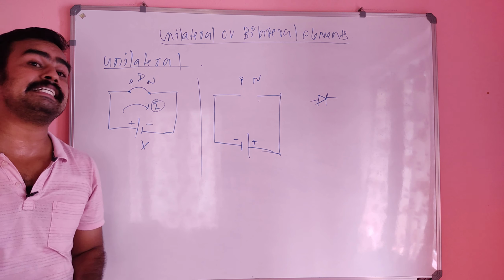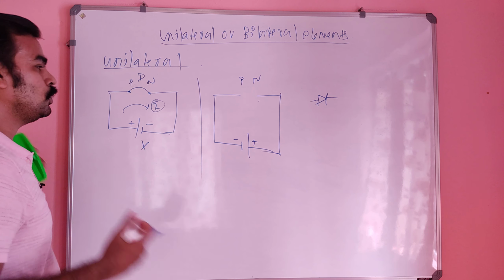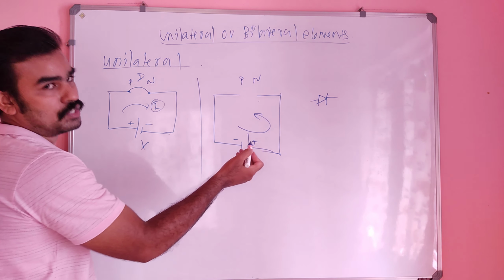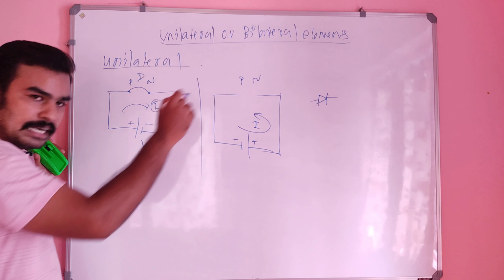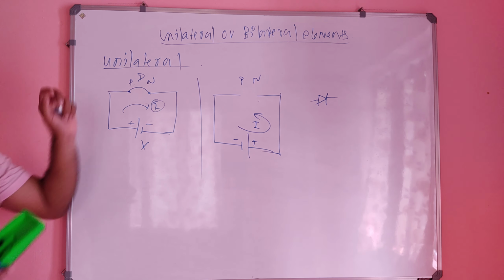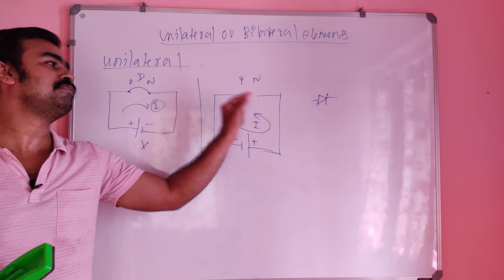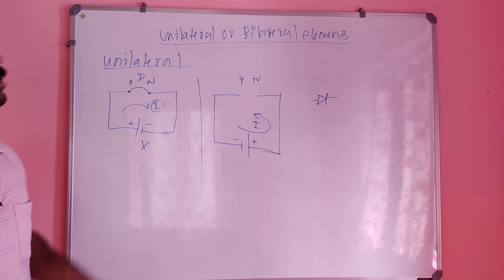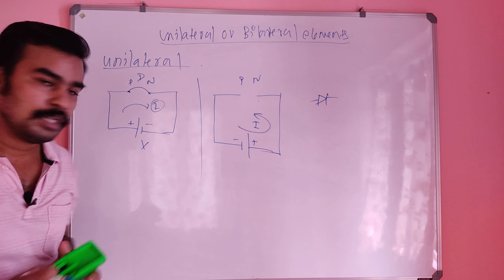In other words, if the direction of current is reversed and it affects the behavior of the element, then that type of element will be called unilateral.